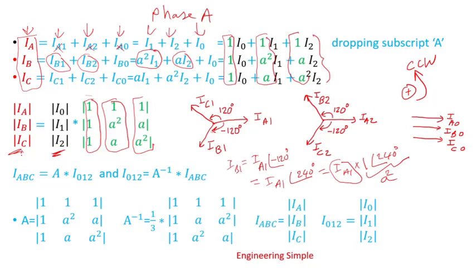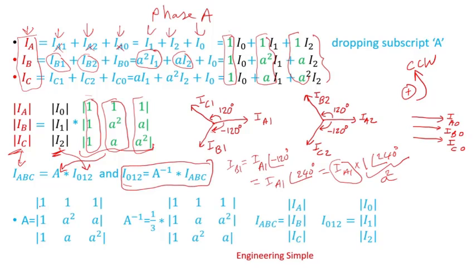Basically this here is the ABC currents, or phase currents, equal to... I call this matrix here matrix A, and these currents here are the sequence currents: the zero, positive, and negative sequence. And if you want the sequence currents, it's the inverse of matrix A times the phase currents.